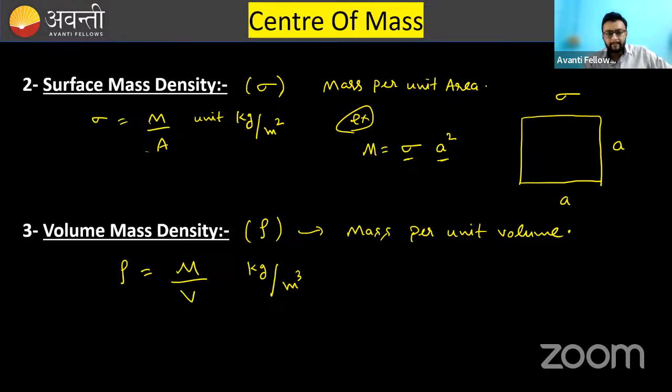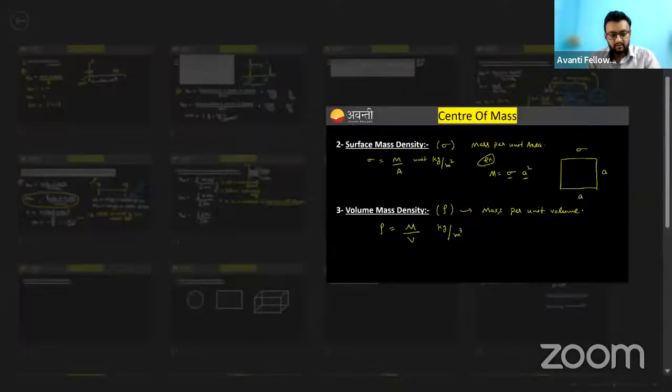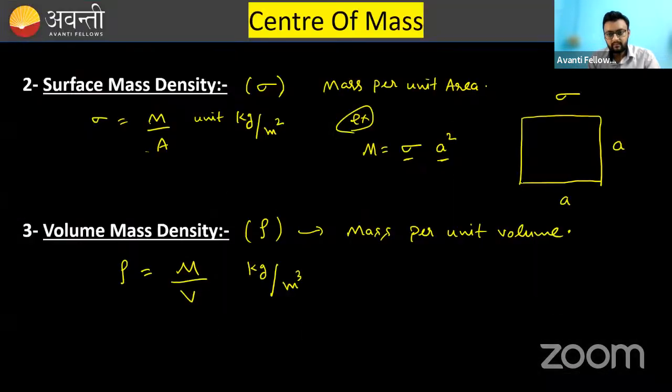You have a hollow sphere, like this one. This is a hollow sphere. Which mass density will you use? Surface mass density or volume mass density? Either sigma or rho.